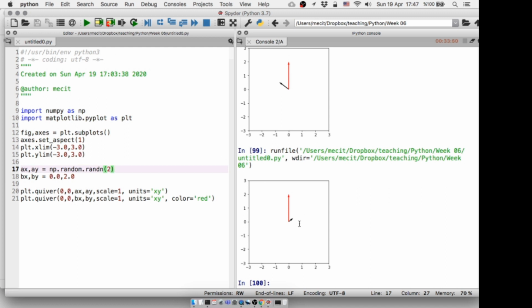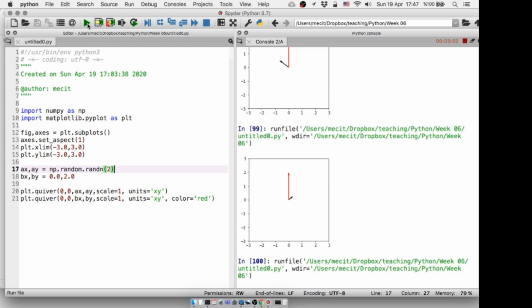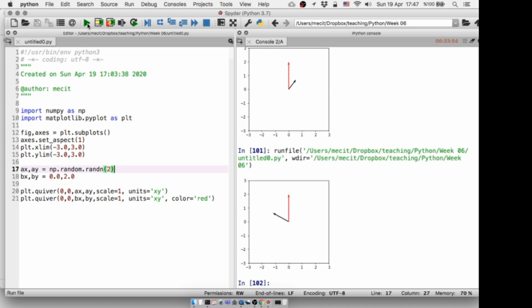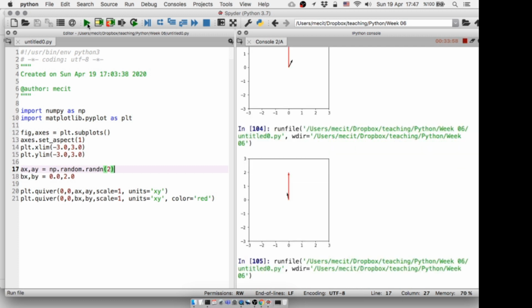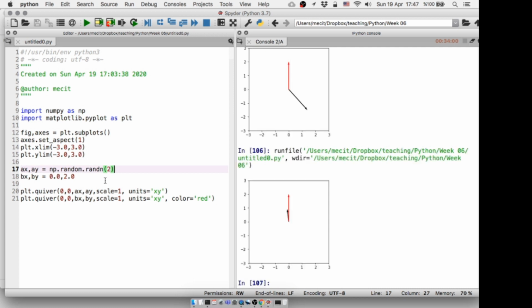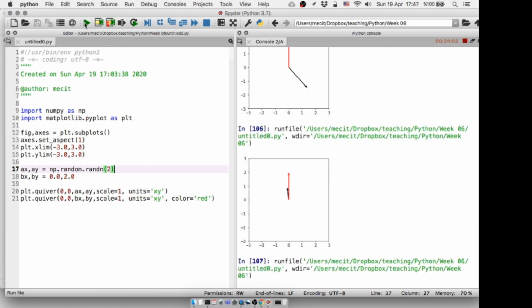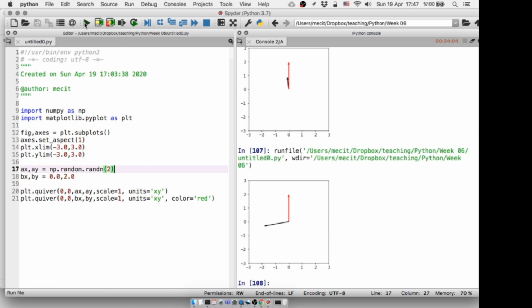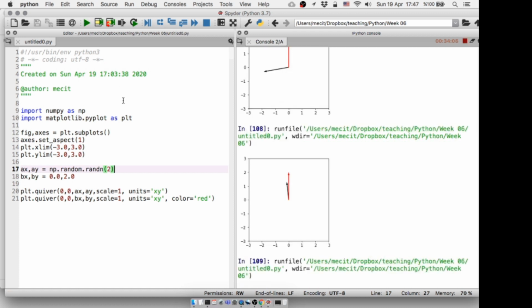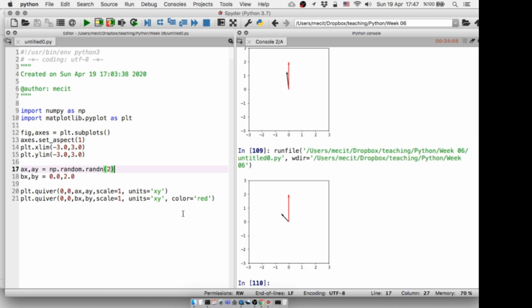So this small one is my random vector. Because I use a normal distribution, the vector can be in any of the quadrants. Good. Now we have a framework in which we can set vectors and then draw them.